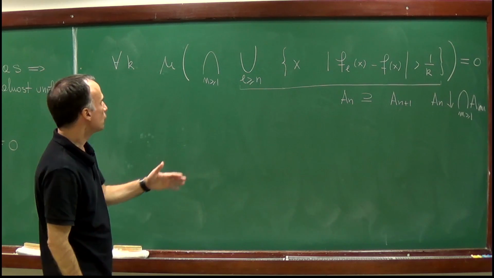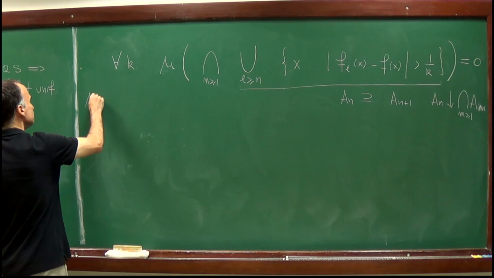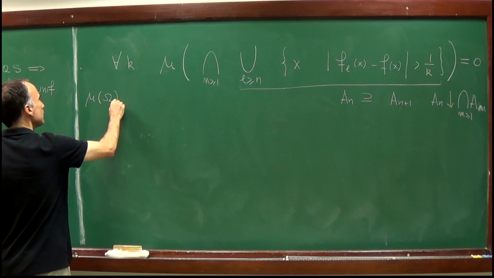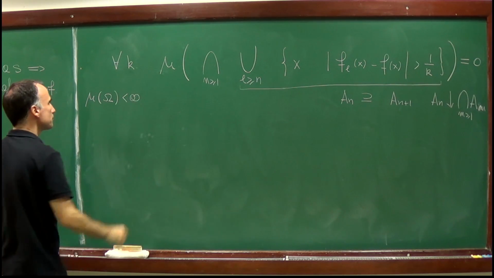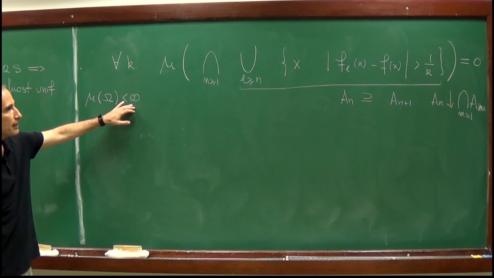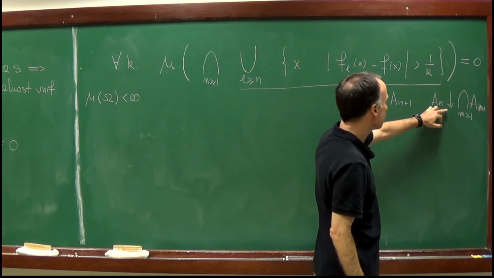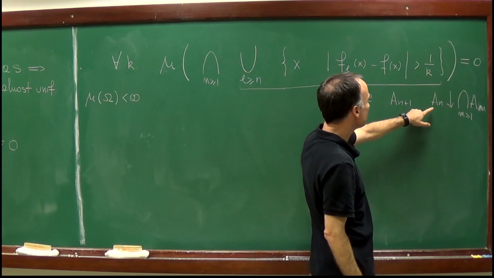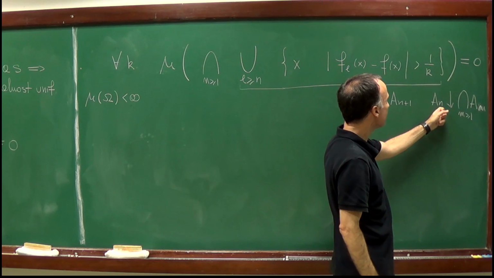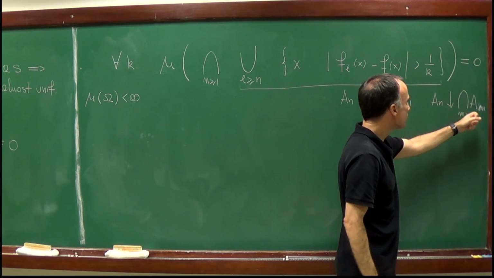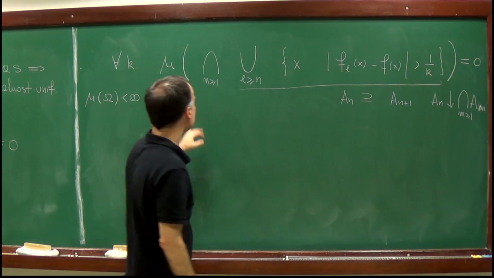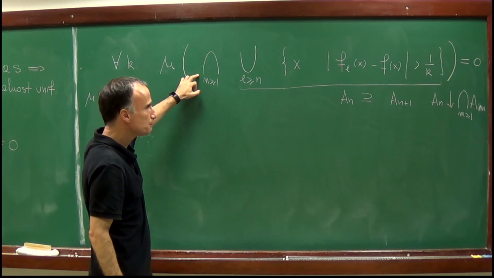And at this point, we will use our assumption that the set has finite measure. Since the set has finite measure, we can use the continuity from above of the measure to say that the measure of An is converging to the measure of the intersection. What we have here is the intersection.